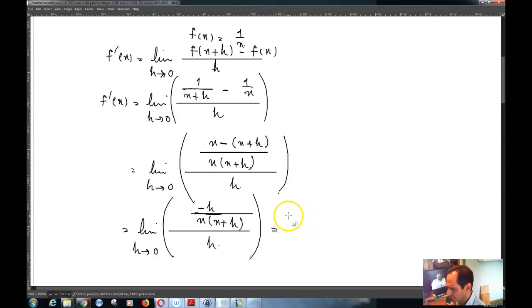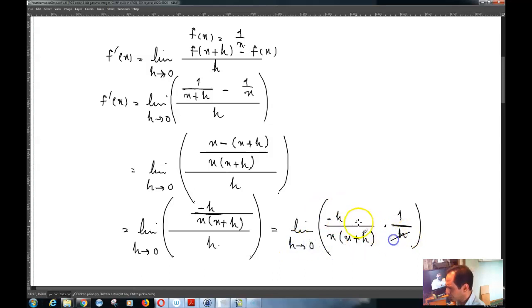This is equal to the limit of this negative h over x times x plus h, times 1 over h, as h tends to 0. Then h and h you can cancel out, so you will get negative 1 over x times x plus h.